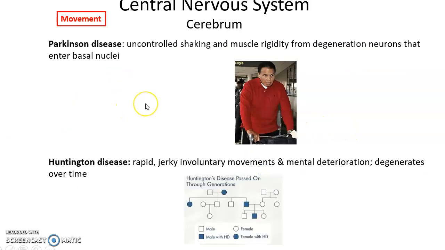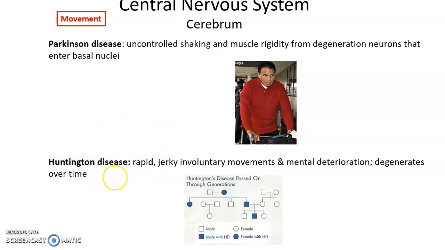Parkinson's disease is a disease where the basal nuclei have begun to degenerate. People who have this start to shake uncontrollably. They have muscles being contracted when they shouldn't be, so they get muscle rigidity. They have trouble controlling starts and stops of movement. Huntington's disease is another disease where the degeneration of the basal nuclei is occurring.